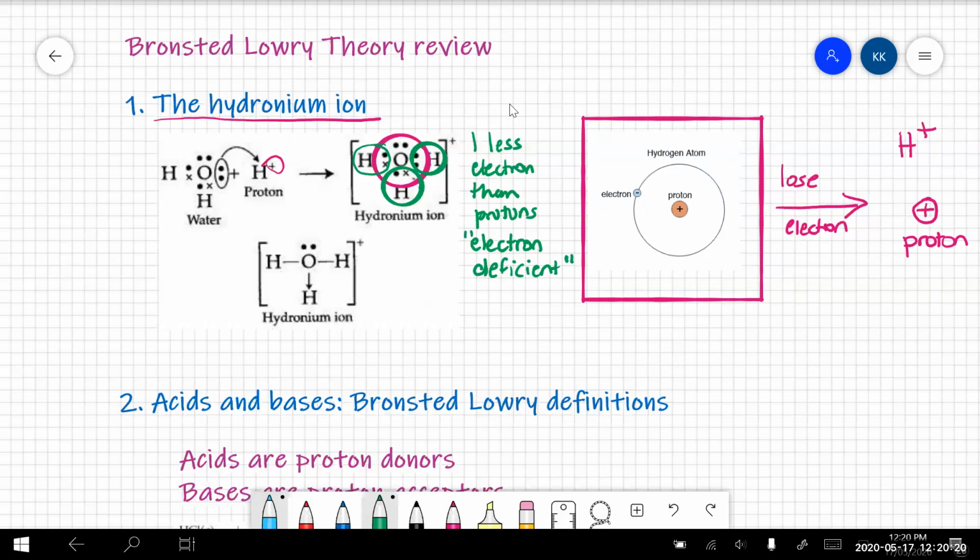So when we assign a positive charge to the hydronium ion, H3O+, the positive charge is on the whole molecule, not just on the hydrogen or the oxygen. That's why we're putting these square brackets here. For once, they don't mean concentration. We're just saying that the entire molecule has a positive charge. So that's our friend, the hydronium ion, and we're going to be seeing a lot of it in our acid and base topic.